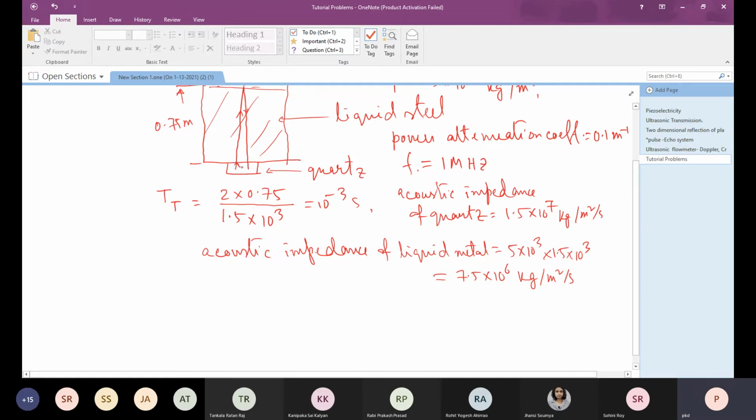So here the transmission coefficient will come into the picture, and here the reflection coefficient and then the transmission coefficient. So basically the steel quartz and quartz steel interface will come twice.